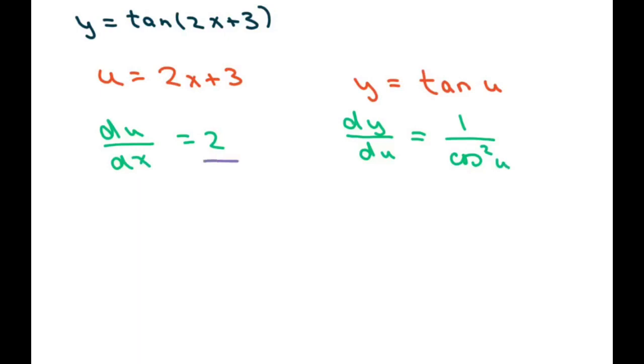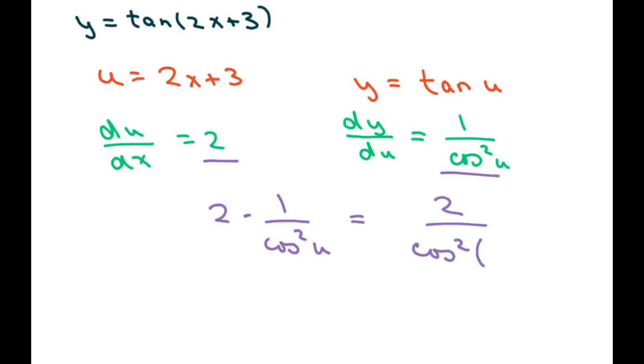Again, we're just going to multiply these two together, so you get 2 times 1 over cosine squared of u, which equals 2 over cosine squared, and my u is 2x plus 3.